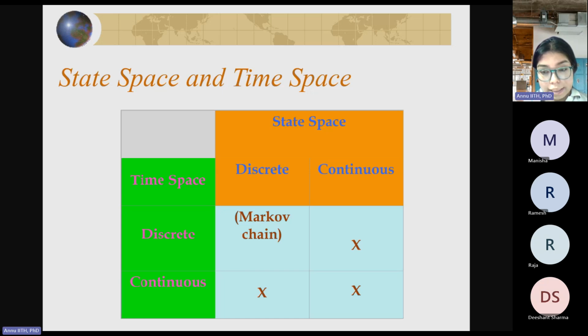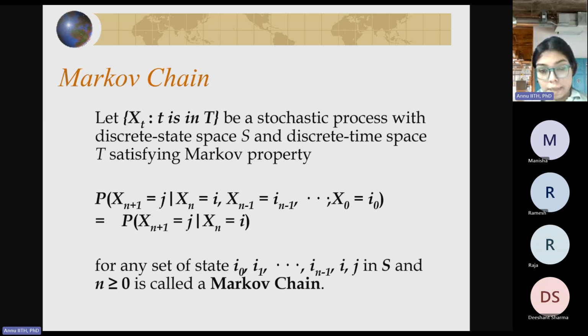Now let us represent it mathematically. Suppose X_t, where t is in T, is a stochastic process with a discrete state space S and a discrete time space T, satisfying this property: P(X_{n+1} = j given X_n = i, X_{n-1} = i_{n-1}, ..., X_0 = i_0) equals P(X_{n+1} = j given X_n = i).